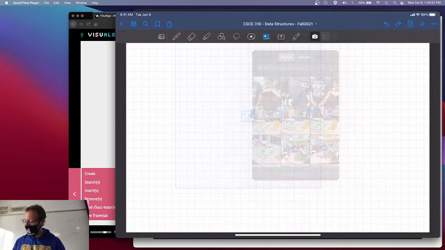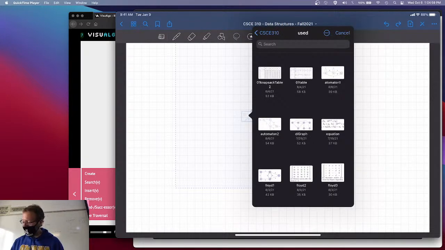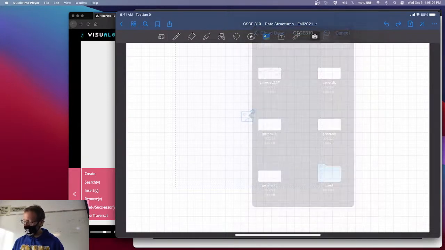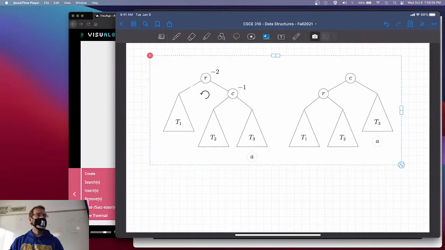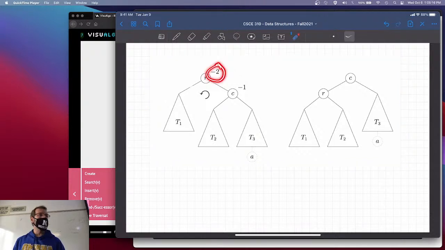And for that, here is a generalized left rotation. Now, you are unbalanced at R, and R here is just the root of the subtree. Since it's -2, you know that you're unbalanced to the right.